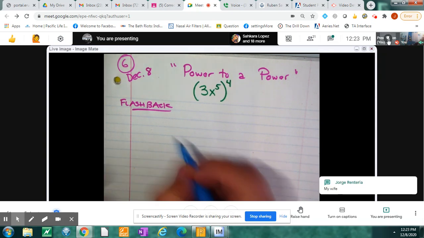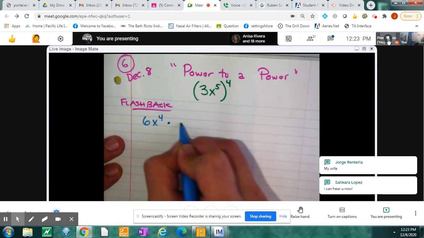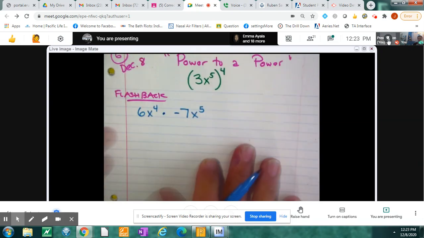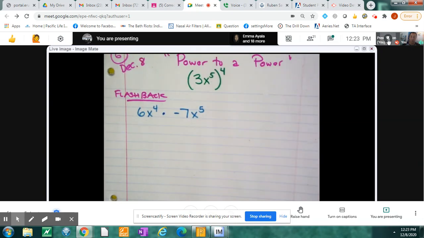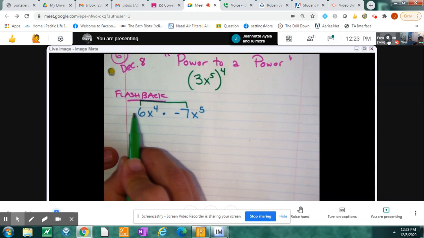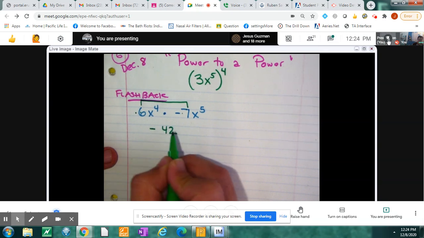Flashback. So let's go ahead and do 6x to the power of 4 times negative 7x to the power of 5. What do we do here? We're multiplying, so you could do two things. You could multiply the numbers: positive times negative is a negative, 6 times 7 is 42.